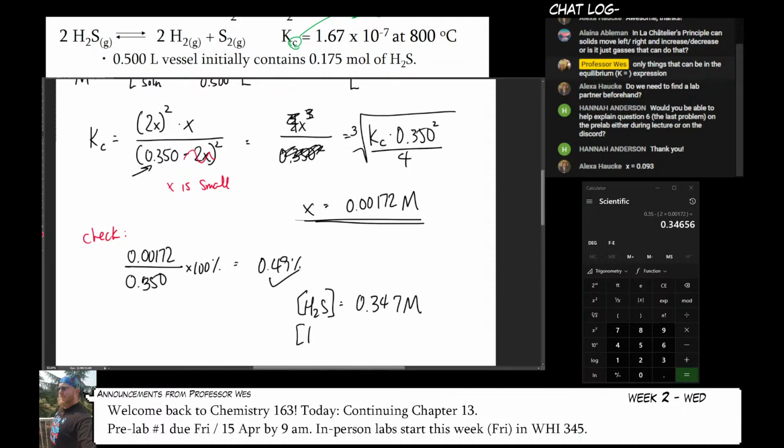And then H2 is 2 times x, so 2 times 0.00172.